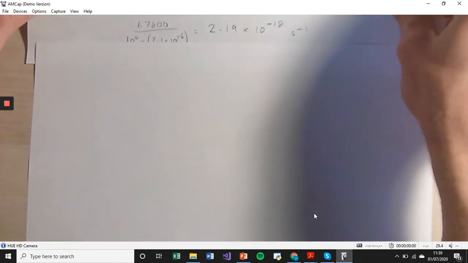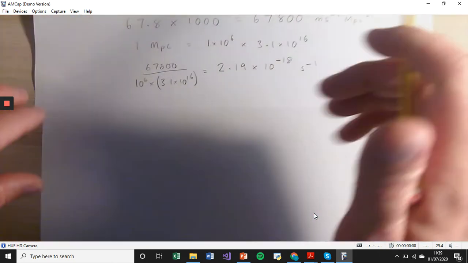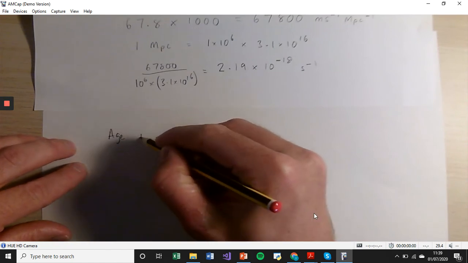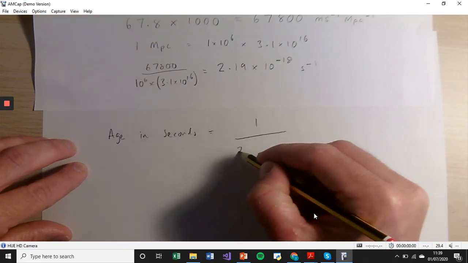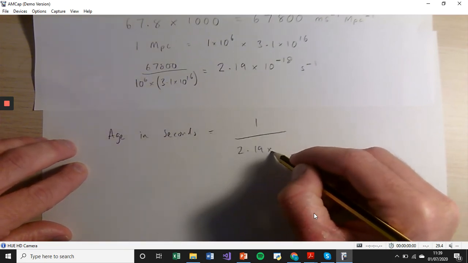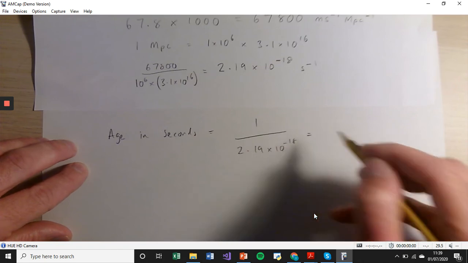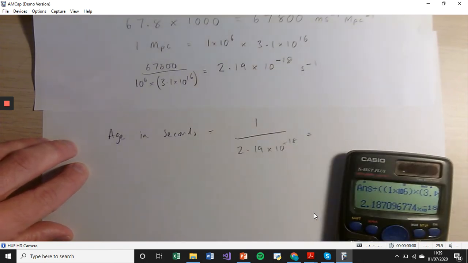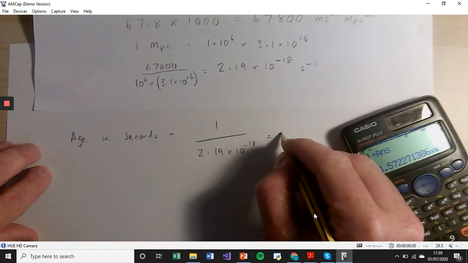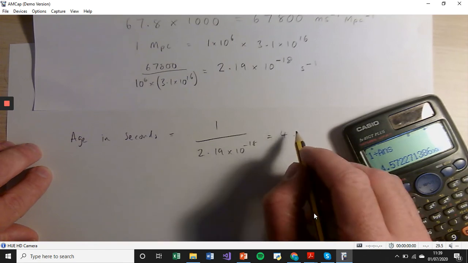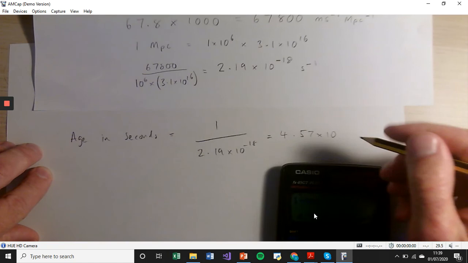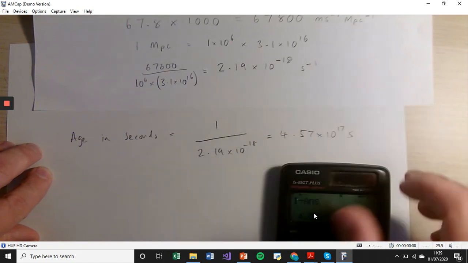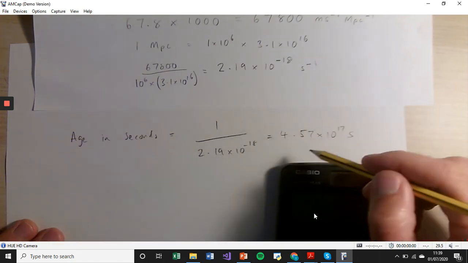So the age of the universe in seconds will be 1 over 2.19 times 10 to the minus 18, which will be 1 divided by our answer, which is 4.57 times 10 to the 17 seconds. So that's how old the universe is in seconds.